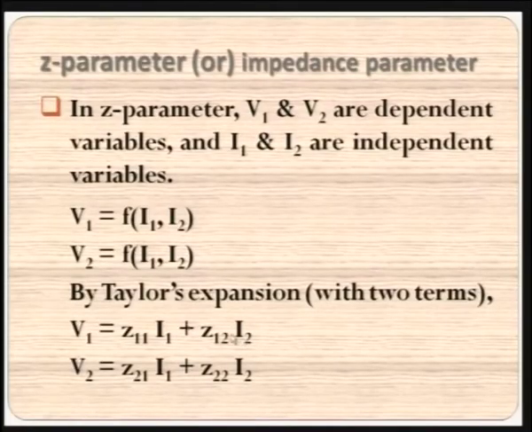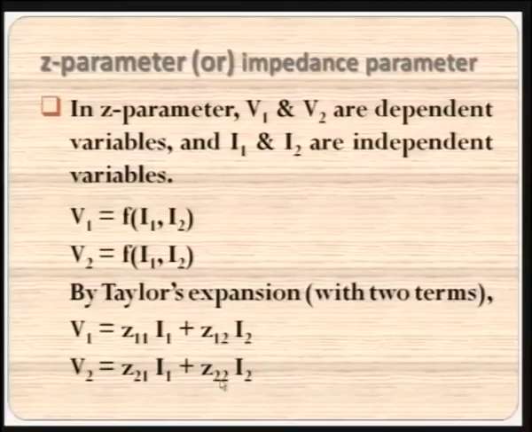Now, if the expansion is restricted to 2 terms, we have this expression for V1 and for V2, and it clearly shows that V1 depends on I1 and I2. The dependence factors, or we call them coefficients, are represented as Z11, Z12, and for the second equation it is Z21 and Z22.